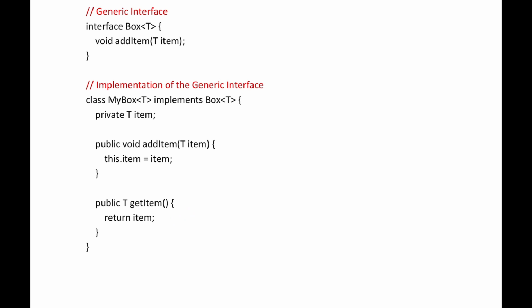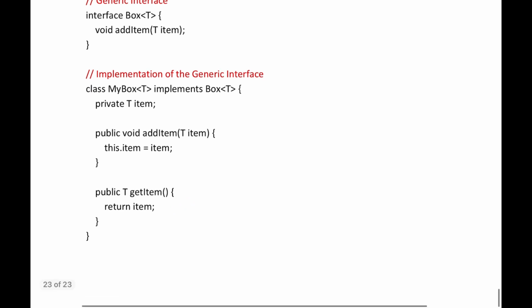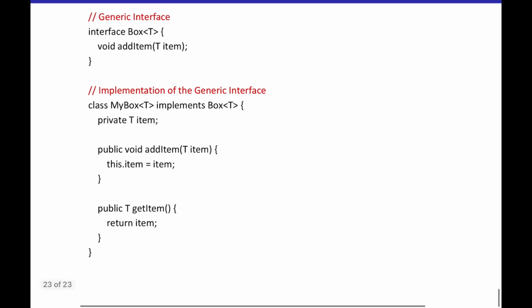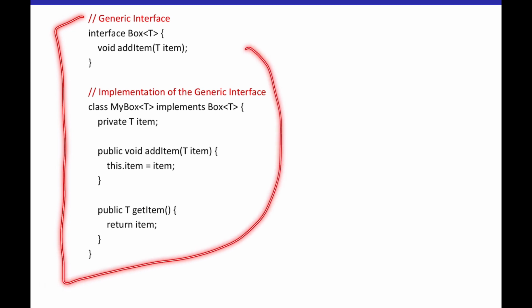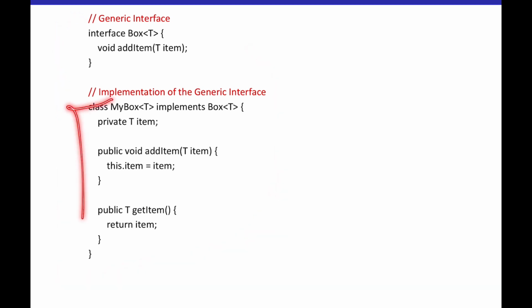Now we can write a main class, or another class where we write the main method, and use this interface, or in particular use this MyBox class, create objects of MyBox class and call the addItem and getItem methods. Now we are going to implement this one and see the result.